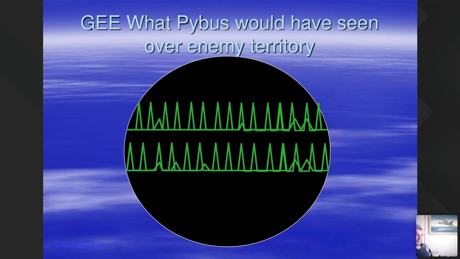It was called grass. So you could only use G so far, probably as far as the Ruhr. Although later on, as the Allies started to push through Europe, they did have mobile G units, which were placed not far behind the front line, in order to push the G cover further.